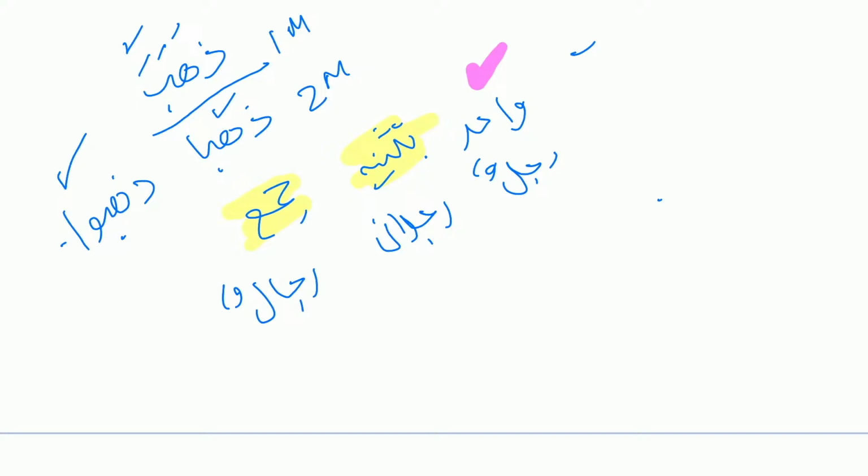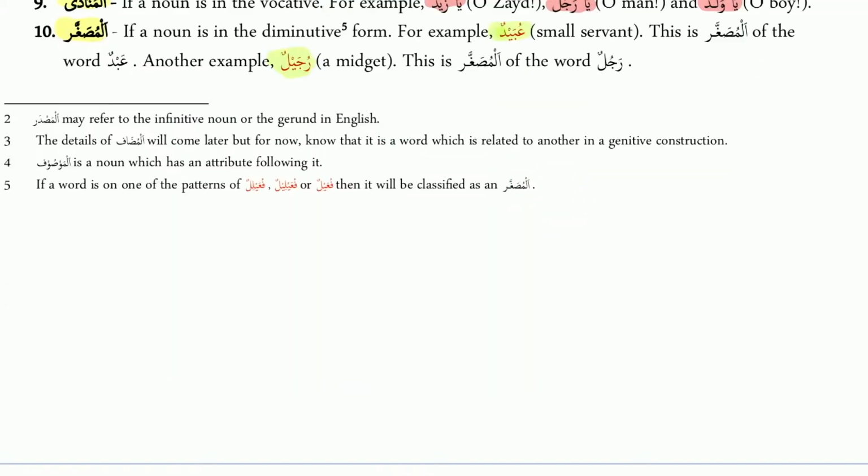So sign number four is done. And sign number 5 is what? To be tasniya is a sign of ism, and jama is a sign of ism. Harf and fa'il never become tasniya or jama. They only remain one unit. Look at this point here.